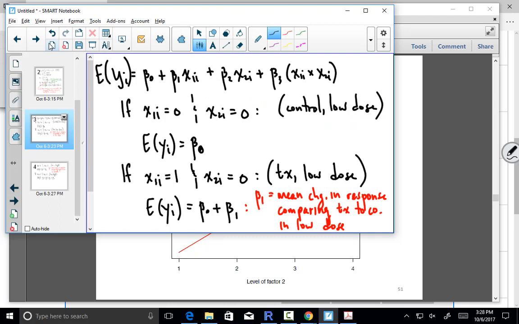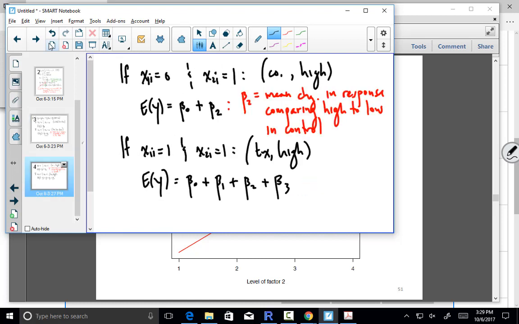Beta 0 plus beta 1, right there, is the mean in the treatment group, low dose. Beta 0 plus beta 1 plus beta 2 plus beta 3 is the mean in the treatment group, high dose.